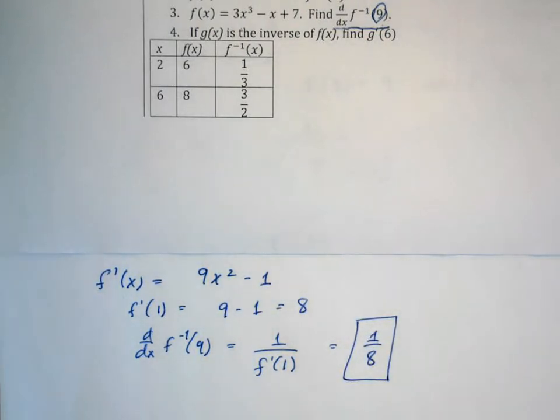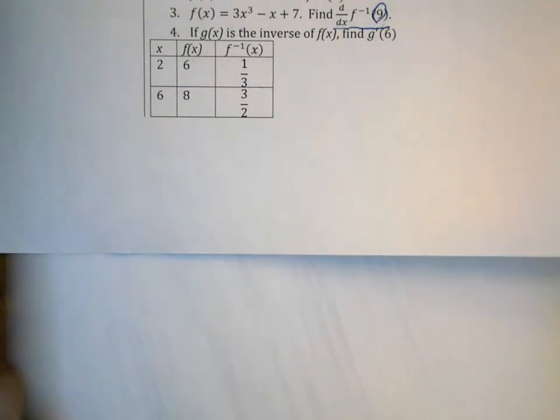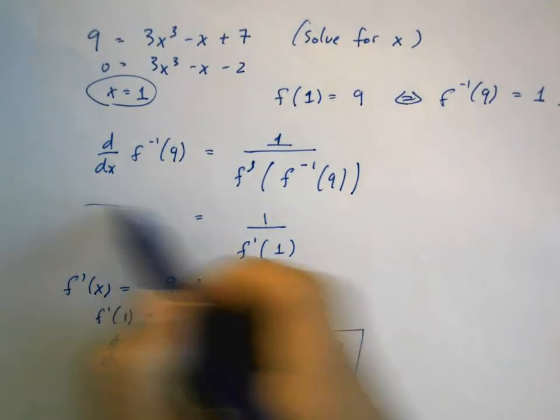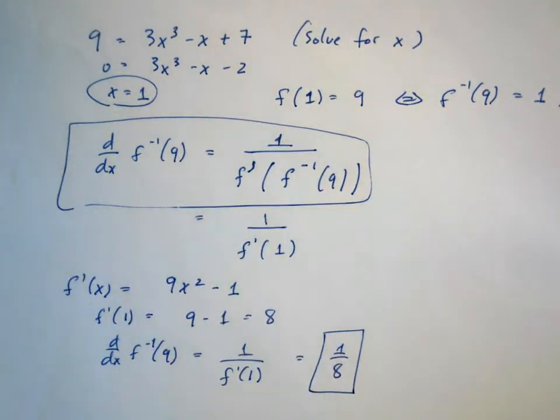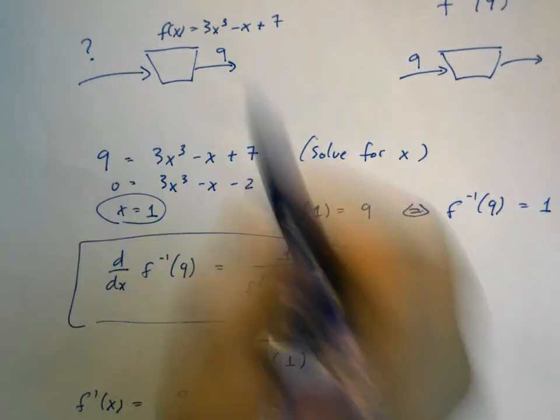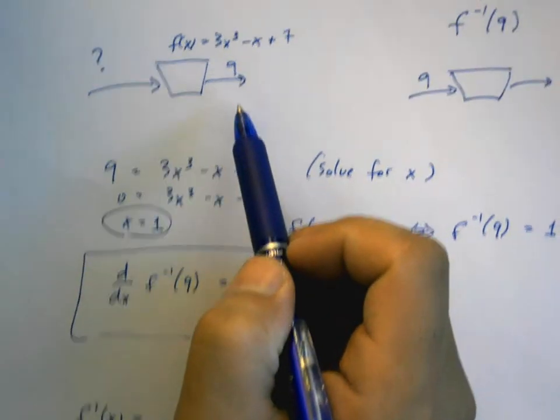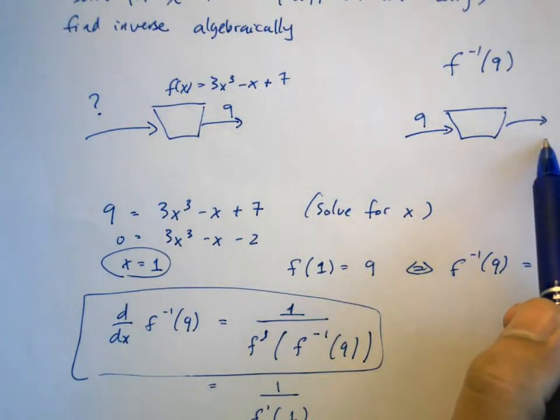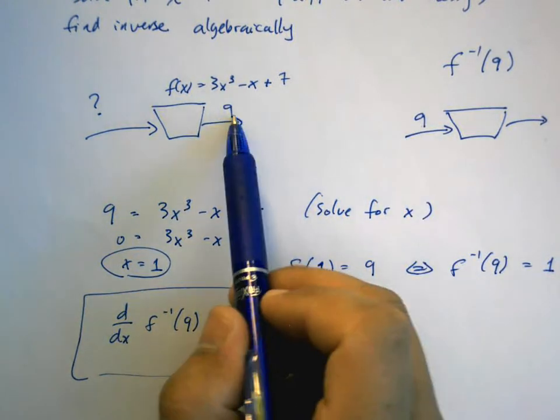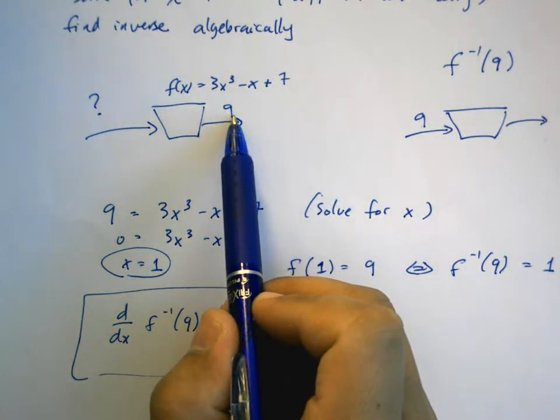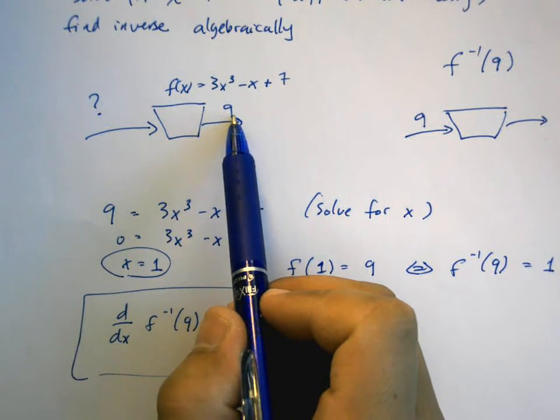So let's look at the big picture of this and what this really means. Namely, there are a couple of tricks here. One is that we're going to use this formula that we proved a couple videos ago. And two is that to find the output of the inverse function, you can just take the input, set it equal to the output of the original function, and solve for that.